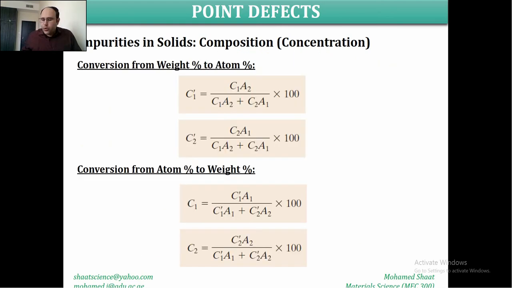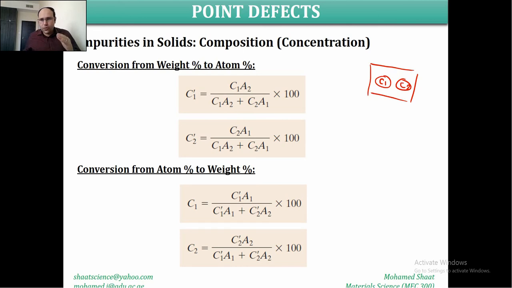So for example, if you are already given the concentration of the first element and the concentration of the second element. Remember that this is only for an alloy that is made of two elements. You have element 1 and element 2, with concentrations C1 and C2, and these C1 and C2 were given as weight percents.